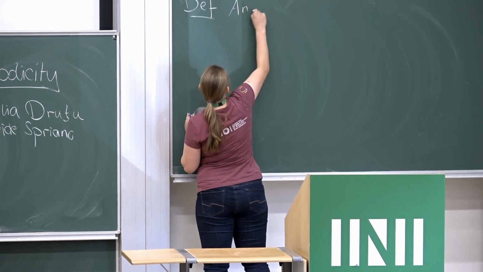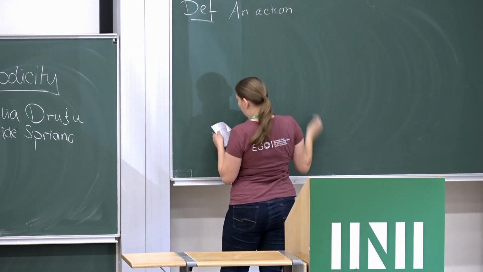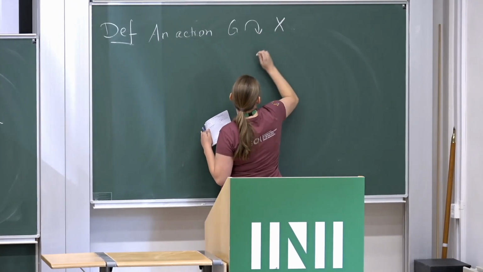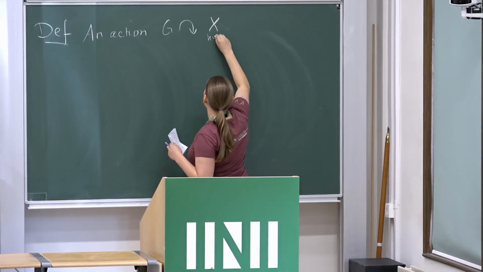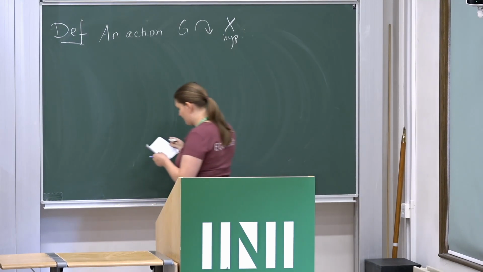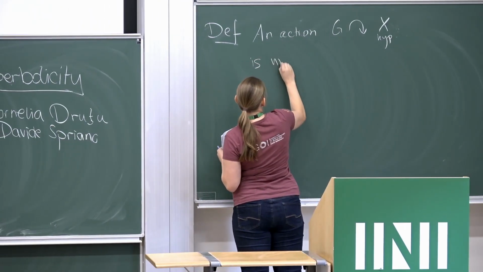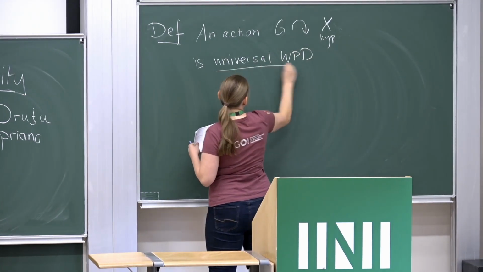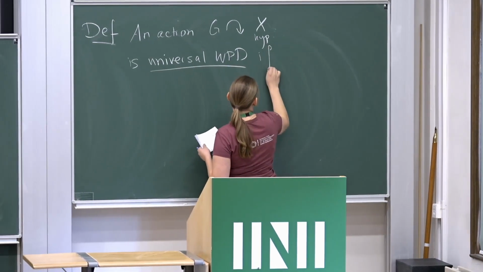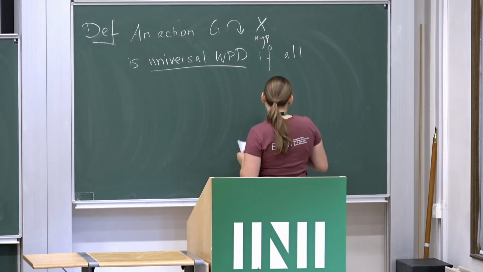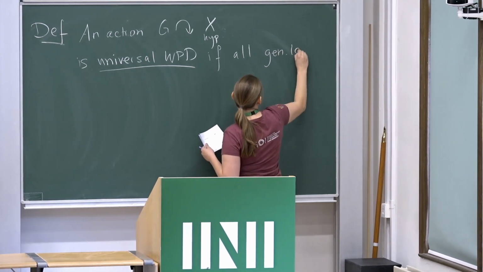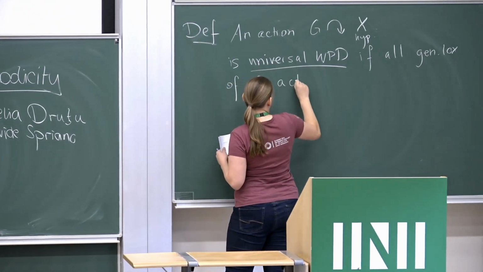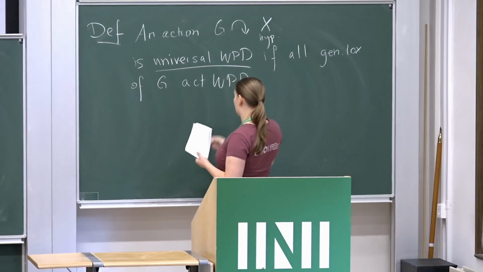So an action of the group G on a hyperbolic space X is universal WPD if all generalized loxodromics of G act WPD in this action.